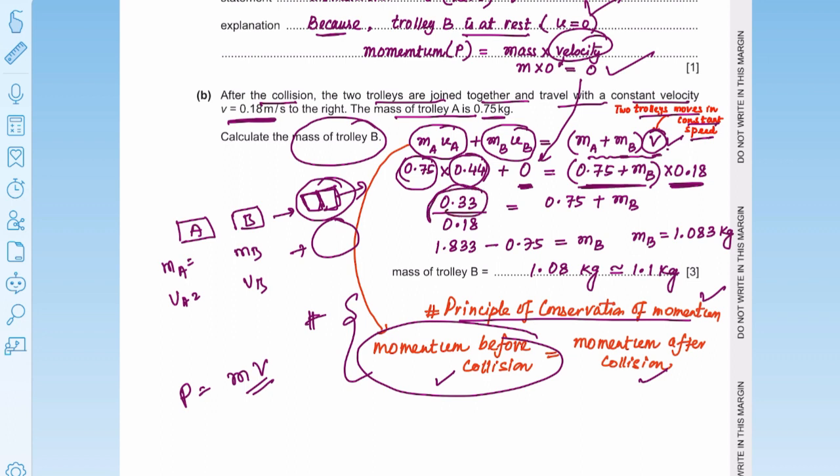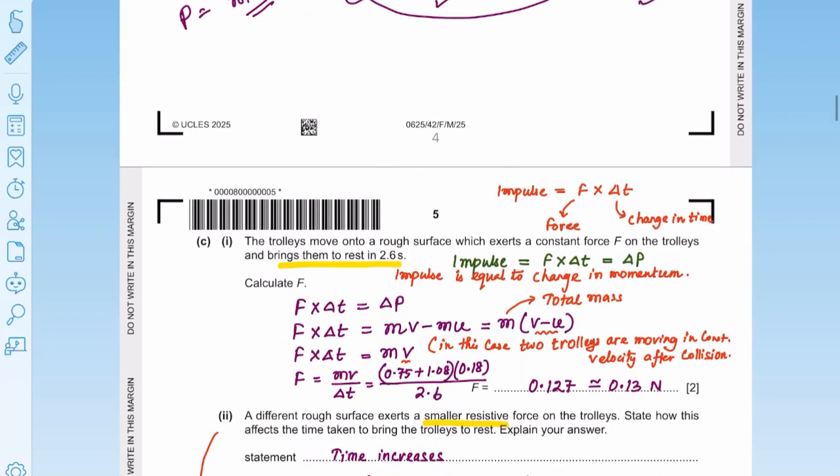And 0.33 over 0.18, and this is 0.75, this is mB. Because this 0.18, if I move it, goes down to the denominator, and if you rearrange it, I am getting mB equals 1.083 kg. Be careful whenever you are writing the unit as well. And up to two significant figures, we get 1.1 kg. I hope you understood this question. Done. Go to the next part.